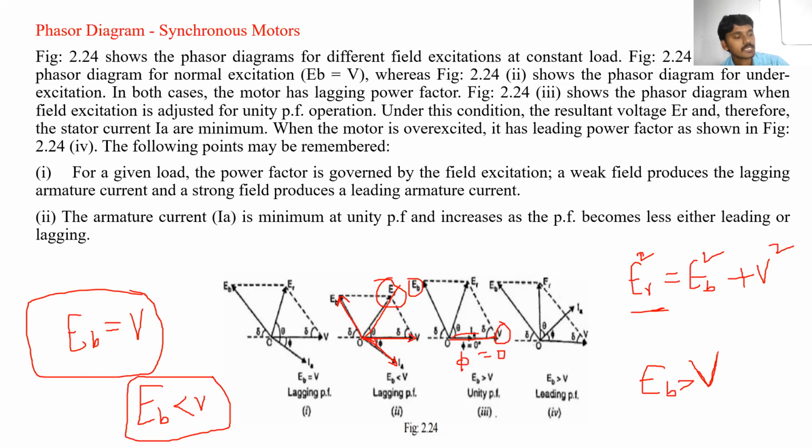When the back EMF is greater than the excitation voltage, the motor will operate at the leading power factor. In this case, the current leads the voltage. The armature current leads the excitation voltage by an angle of phi.